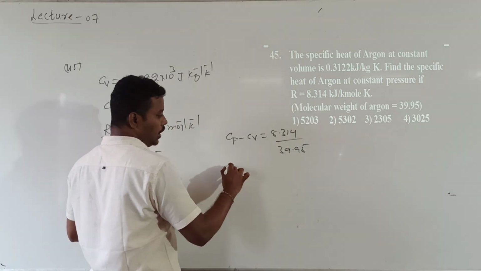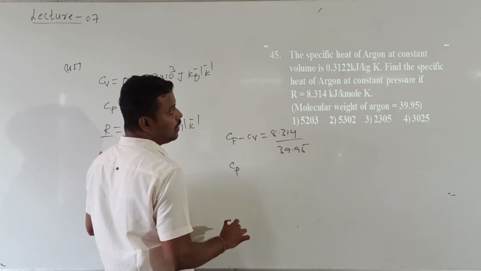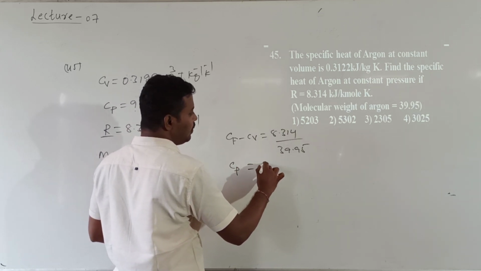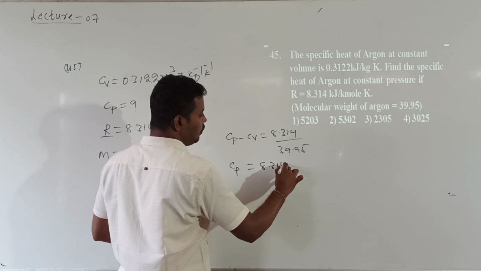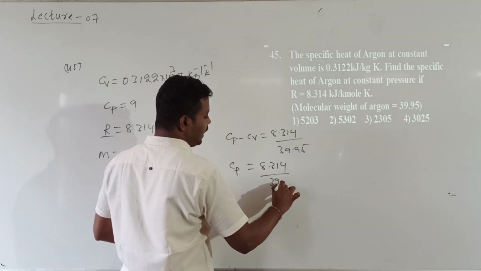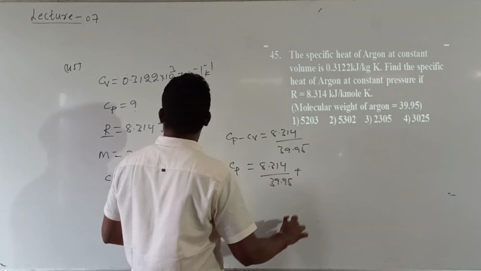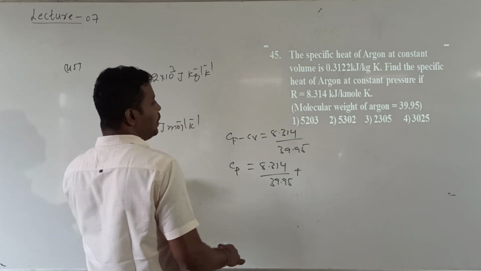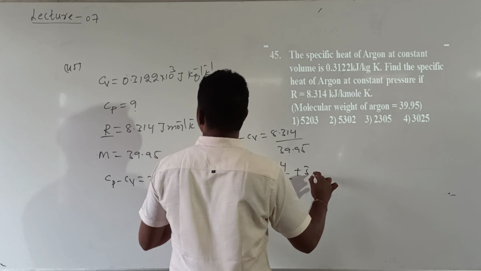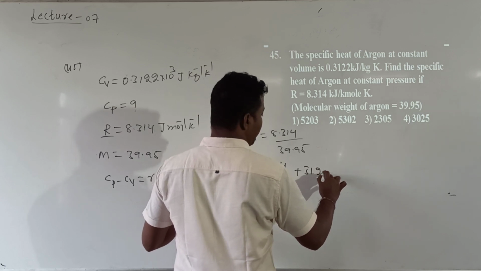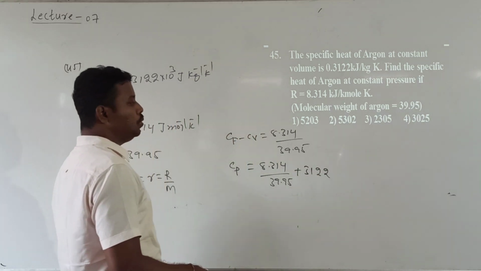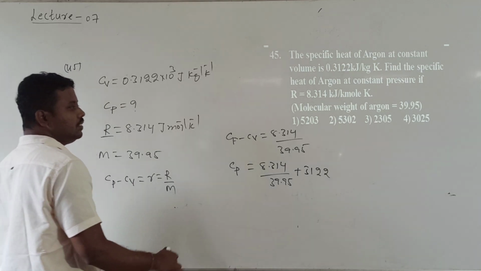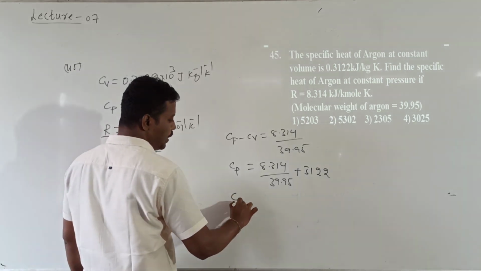Then what do I get for Cp? Constant pressure is what they are asking now. So 8.314 by 39.95 plus the value of cv, which is 3122. So you simplify this and you will get the answer for Cp.